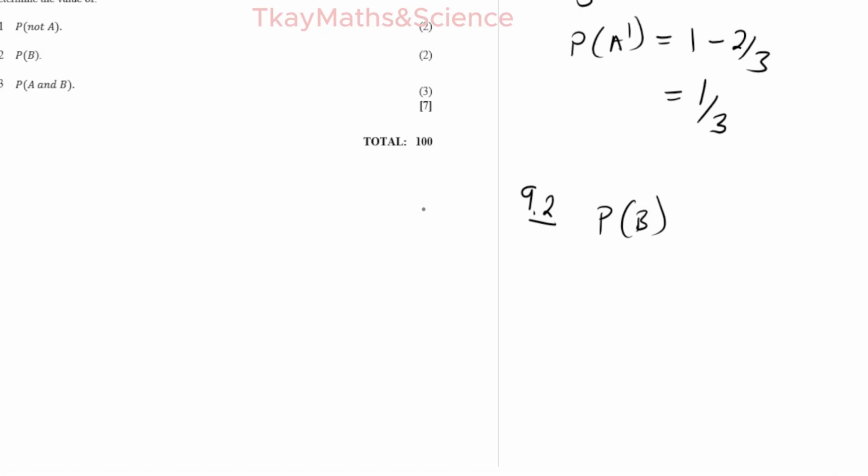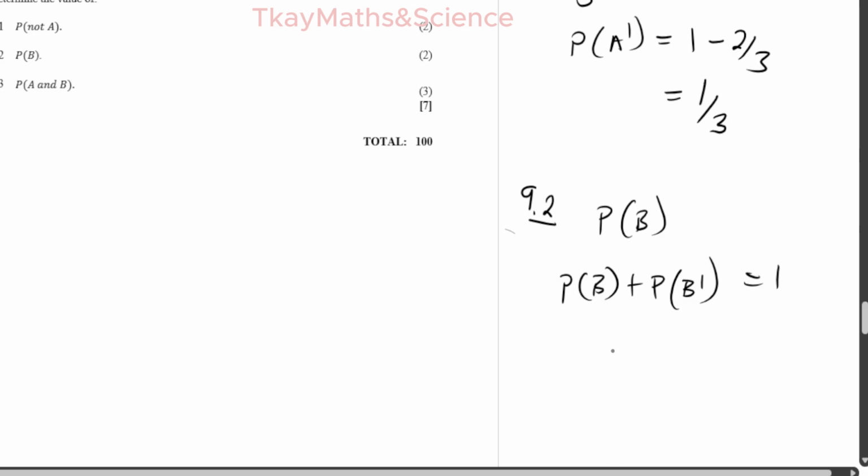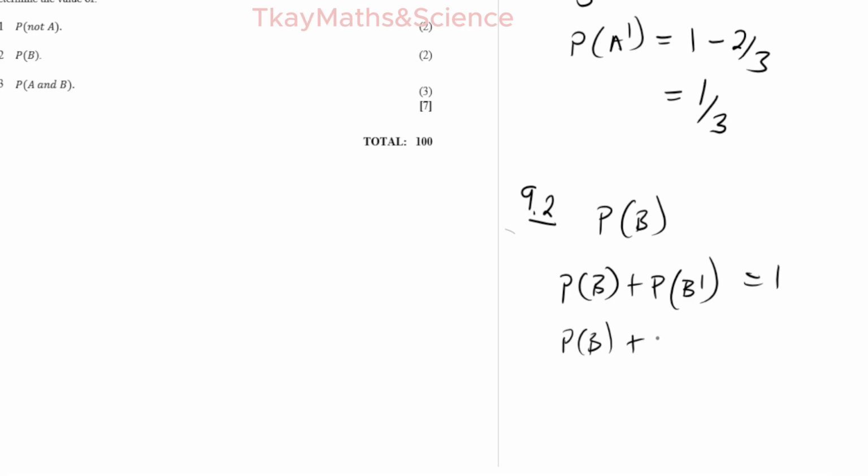The probability of getting B plus the probability of B complementary is equal to 1. We have been given 3/5. So making the probability of getting B the subject of the formula, it is equal to 1 minus 3 over 5. So this one is going to give us 2 over 5.